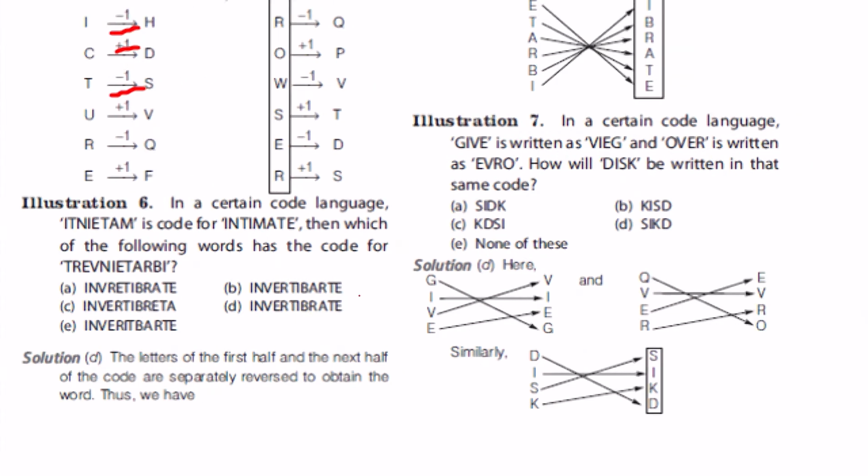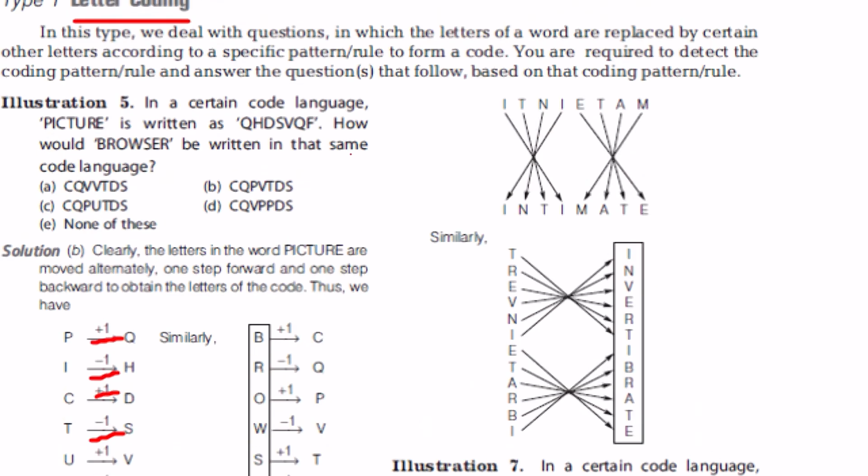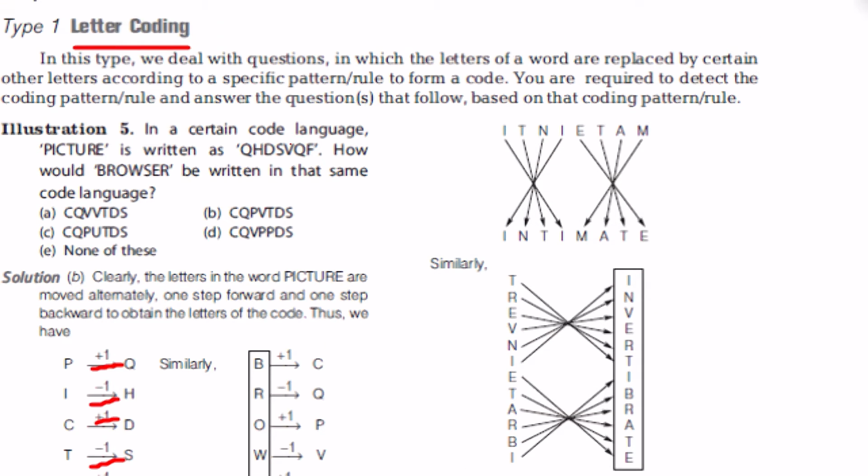Let me show that to you. You can see over here, if you divide the word in two halves and reverse them, intimate is divided into two halves: the first half is inti and the second half is mate.